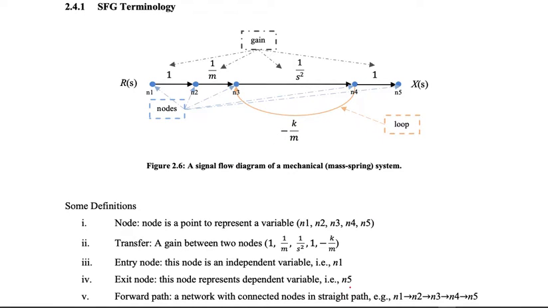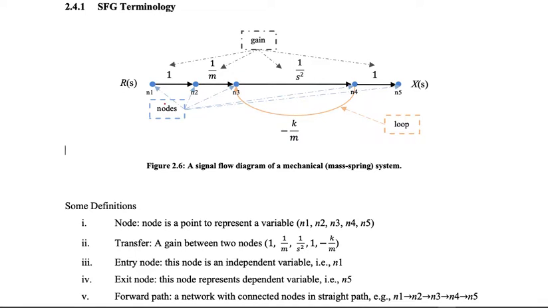In order to understand the concept of signal flow graph, we need to take a look at the definitions or terminologies of the components that a signal flow graph has. The first one is node. A node is basically a point that represents a variable.